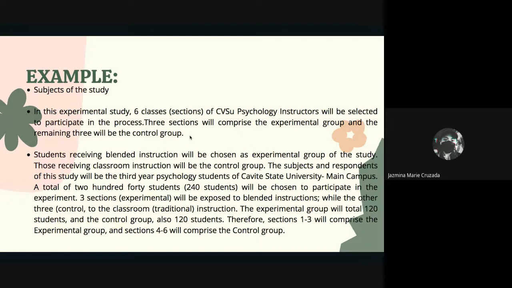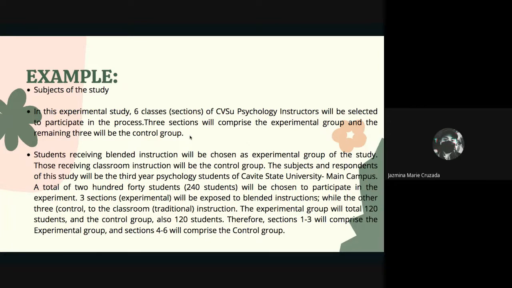Let's go through it one by one. How many subjects are there, or what is the total? There will be 240 students chosen to participate in the experiment. How were they selected?